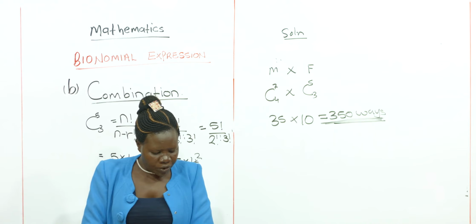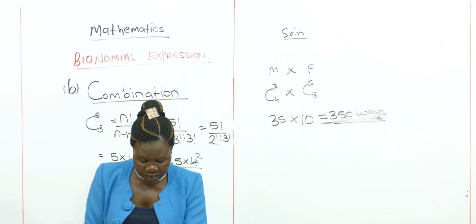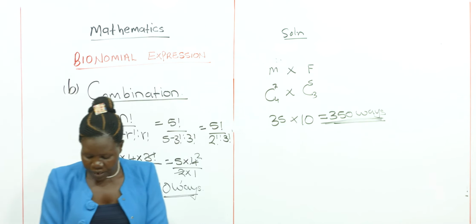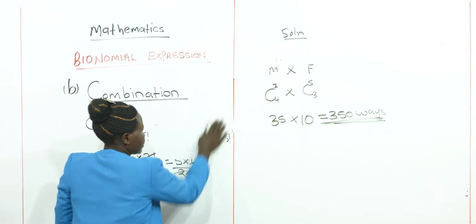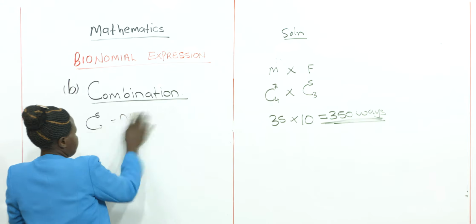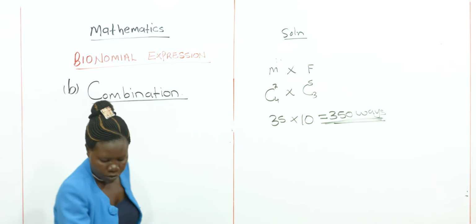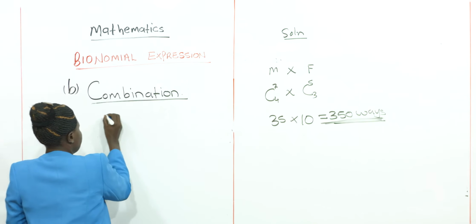Dear learners, with this I believe you have understood or you have picked something from it. Now I want you to take these questions as your exercise. So take these questions as exercise for yourself.